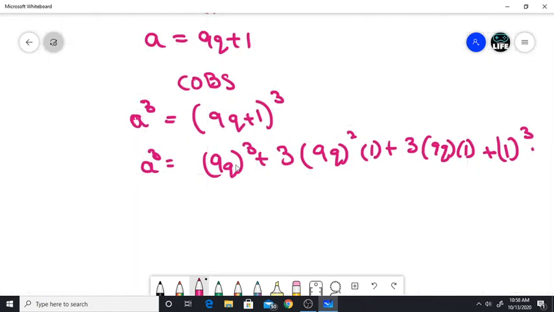It is a cube plus 3a square b plus 3ab square plus b cube.